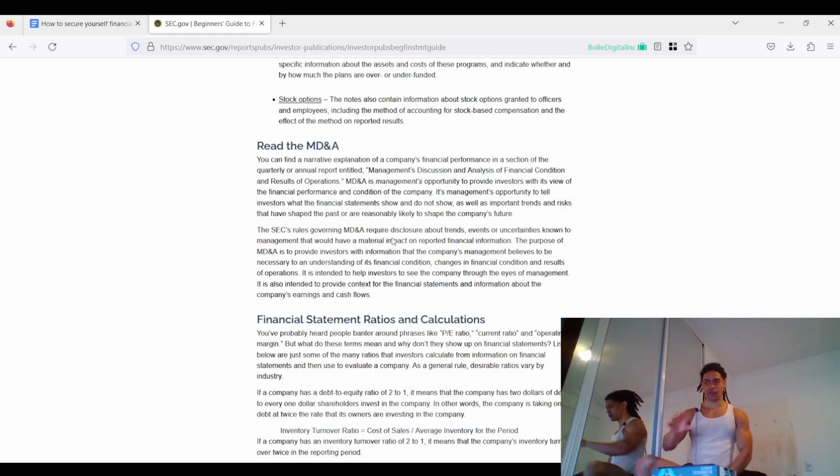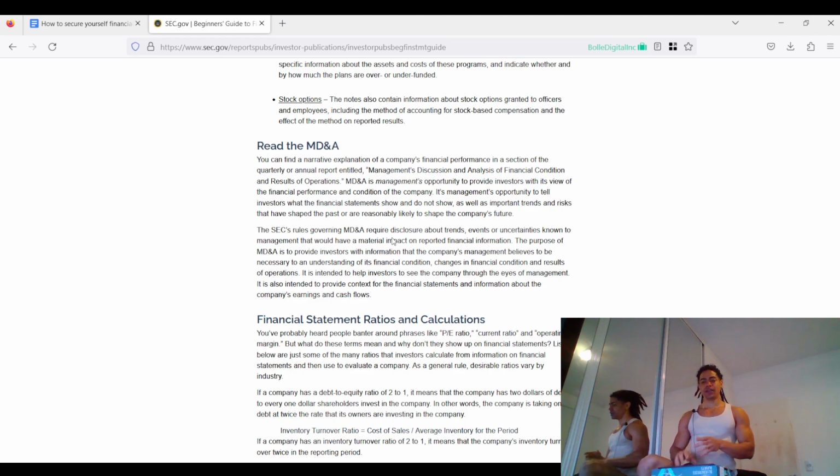Okay, so here you can see relevant data associated with macroeconomic trends, for example, or impacts that are affecting the business. Again, this is an opportunity to see the company through the eyes of management.